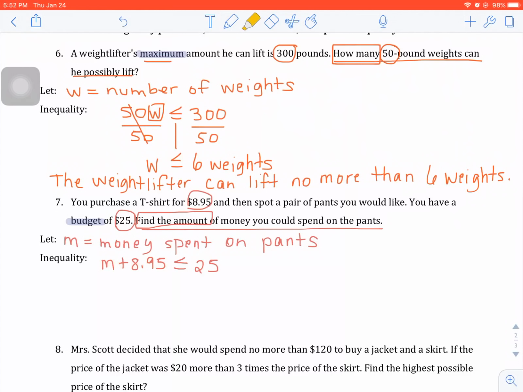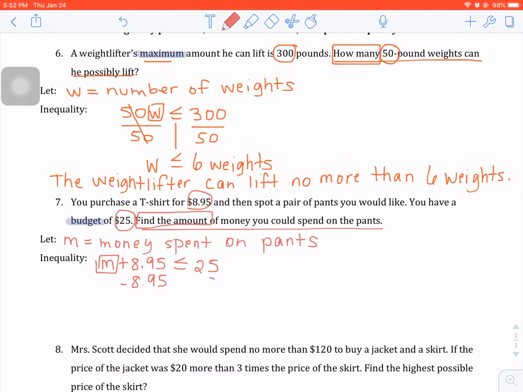So to solve this inequality, I am going to subtract $8.95 because my goal is to isolate this M. I want to get M by itself, so I need to get rid of $8.95. So I'm going to take the opposite of addition. I'm going to subtract $8.95.